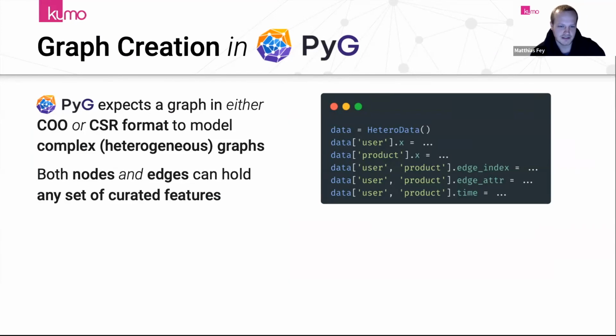Given that, it can then be used to model complex heterogeneous graphs, as shown on the right, where we have a heterogeneous graph with users and products, and these products and users are connected to each other through a bipartite graph. Importantly, we are not only attaching the graph structure to the data object, but also a set of curated features, such as node features or edge features. We can add time information to it and so on.